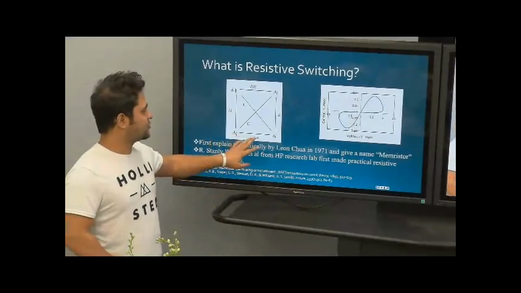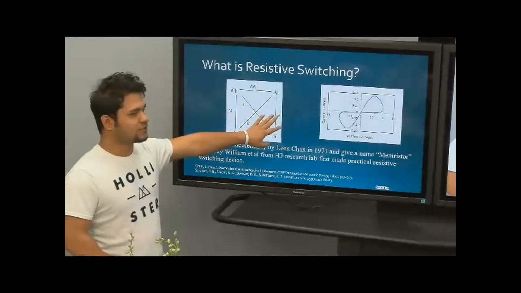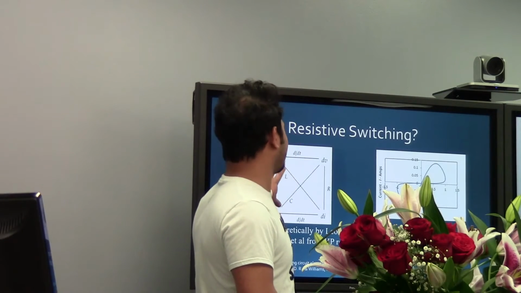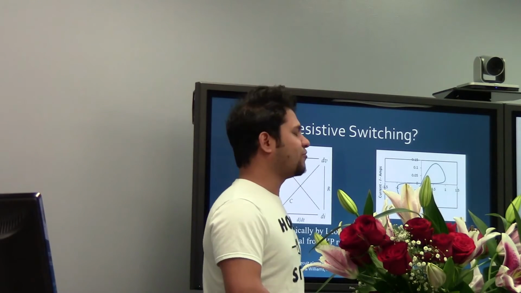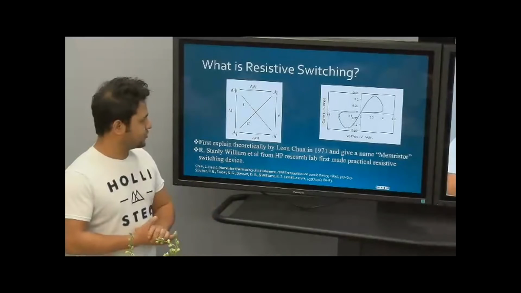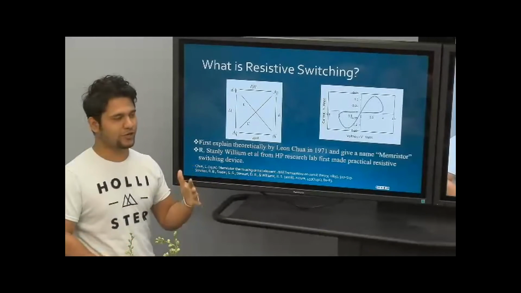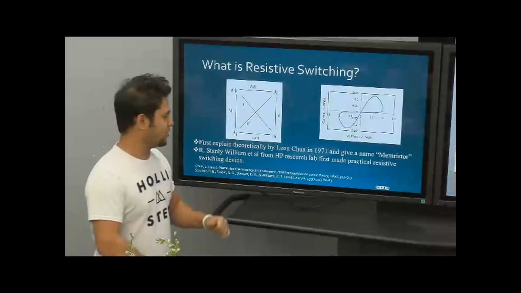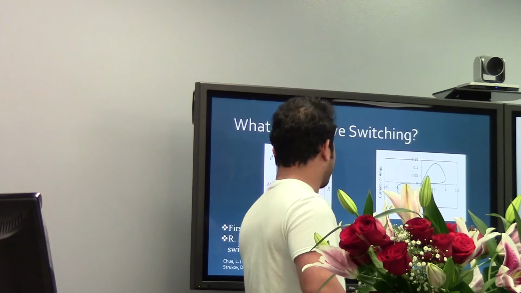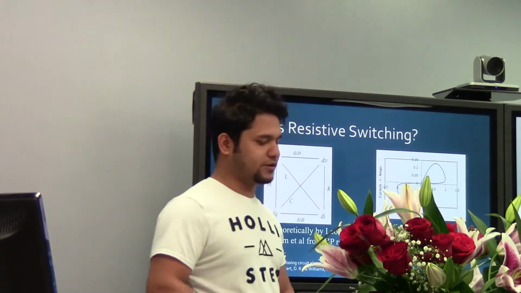If you make relationships, we get 3 different circuit elements, but the relation between charge and flux was missing until 1971, when Dr. Leon Chua mathematically derived an equation and proposed that there should exist a circuit element called a memristor, and it was practically prepared in 2008 by HP scientists.